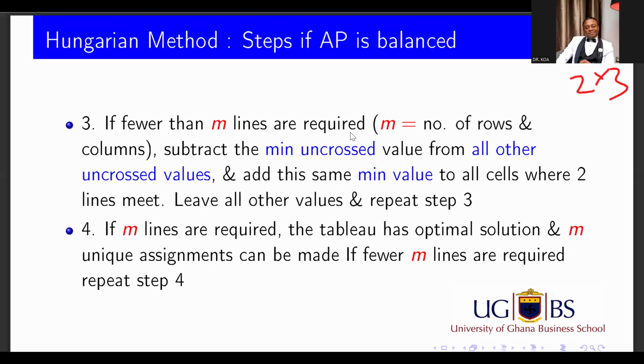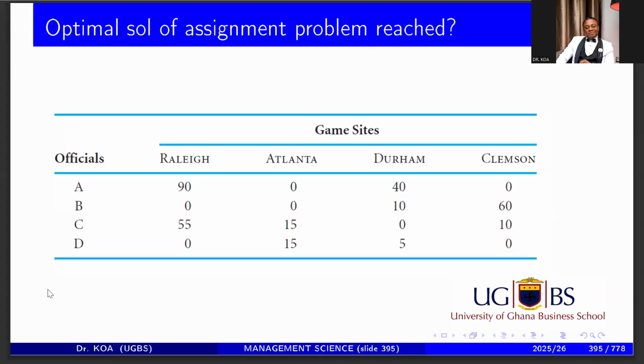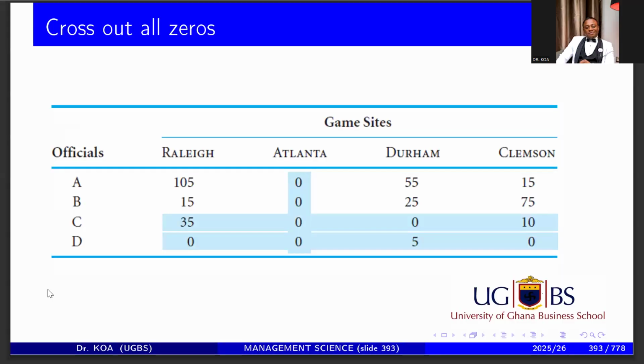Oh, you've forgotten. I need to go back there again. Let's just go back. Oh, where are we? Yeah. So you see, now we have 2 rows, the row A and B, and the columns Raleigh, Durham, and Clemson.